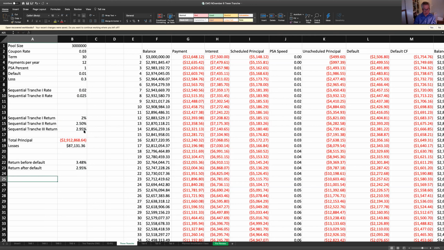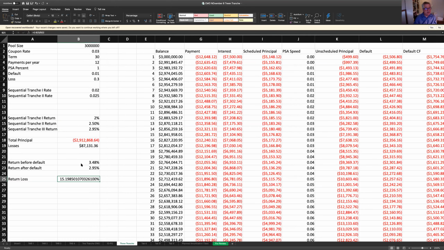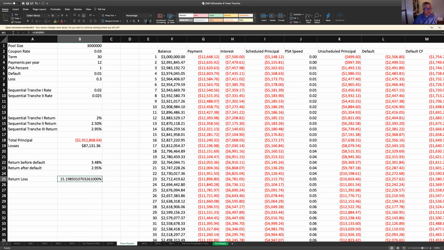So what is your return loss? It is going to be equal to 1 minus what you get divided by what you thought you should have gotten. So about 15%. Again, sorry, that's ugly, so I will clean that up. We take a loss of about 15.2%.